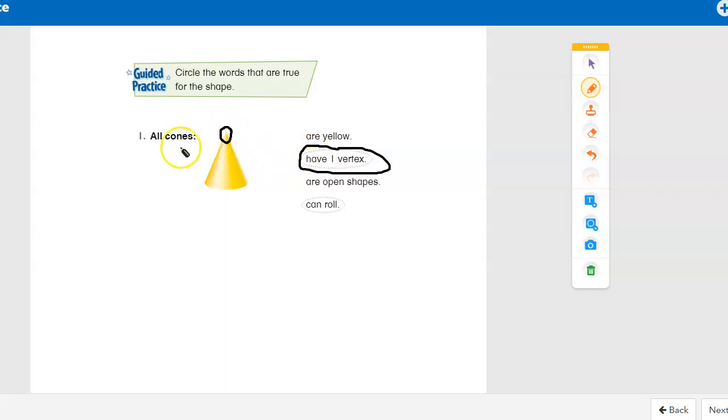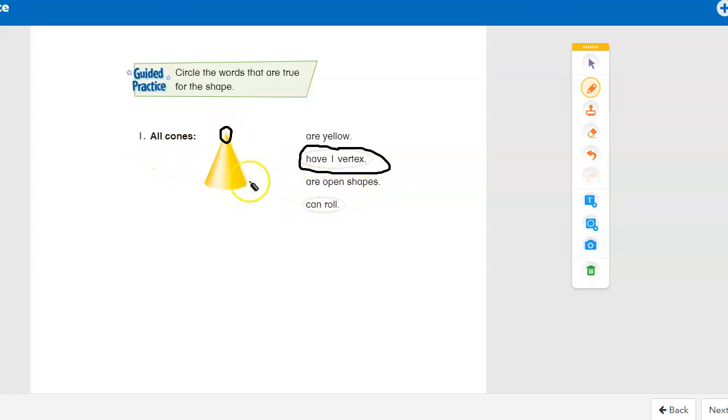What about our next statement? All cones are open shapes. Cones are not open shapes. We've talked about open shapes before. That means there would have to be an entry point, a way to get into this shape, or it would not be fully closed. So that is not true.